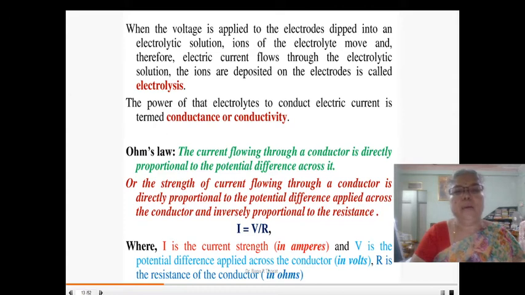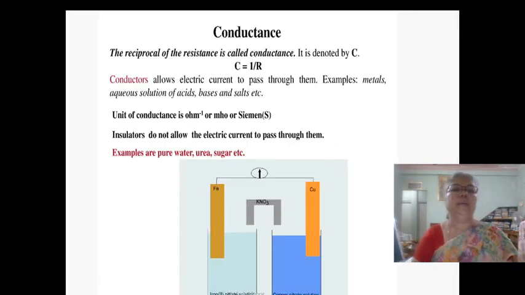That means the capacity of any conductor for the passage of electric current is nothing but 1 by R. The second definition of conductance: the reciprocal of the resistance is called conductance, denoted by letter C. In some books it is denoted by letter G, where G equals 1 by R. Conductors allow the electric current to pass through them; examples are metals and aqueous solutions of acids, bases and salts.